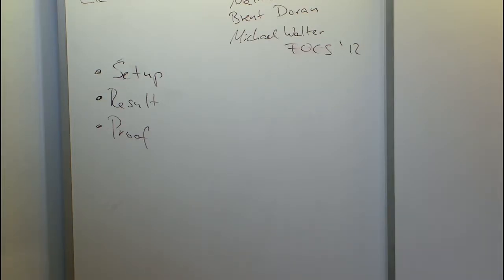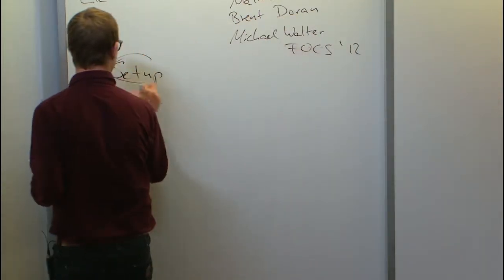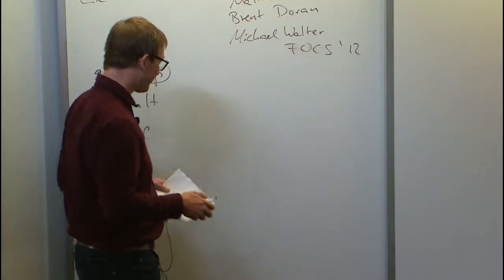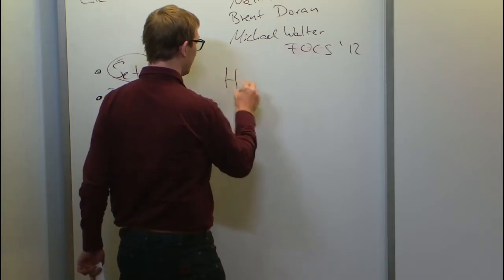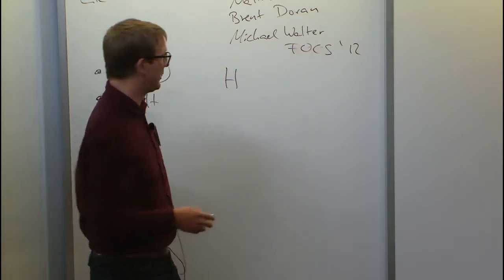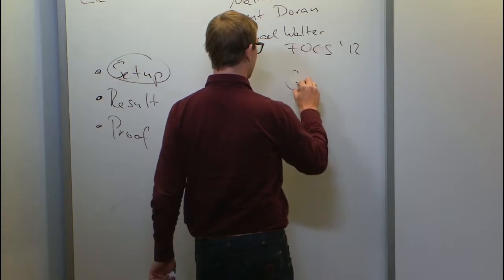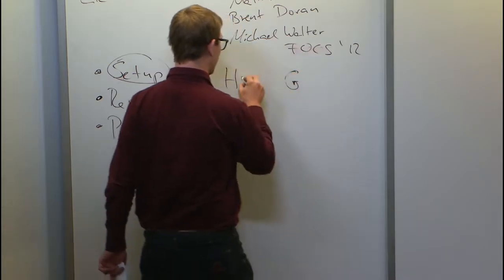Excellent. So what's our setup? We've got two compact connected Lie groups, G and H. I'll give examples a bit later.